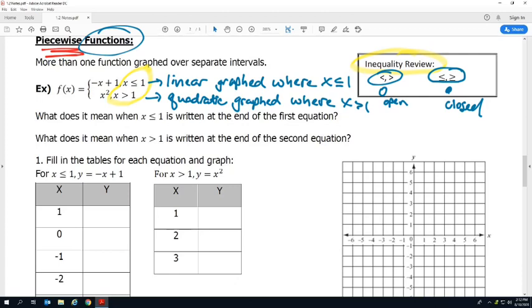So what that means is that you will graph the linear function for all x's less than or equal to 1. And it will have a closed circle at x equals 1.